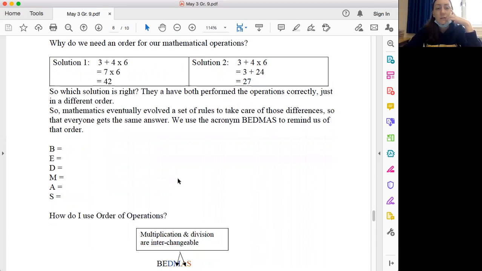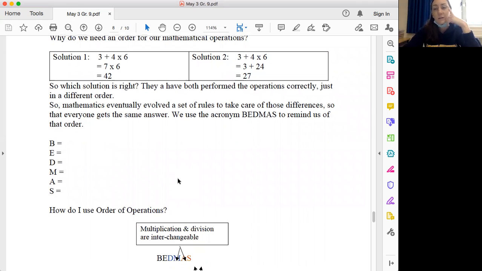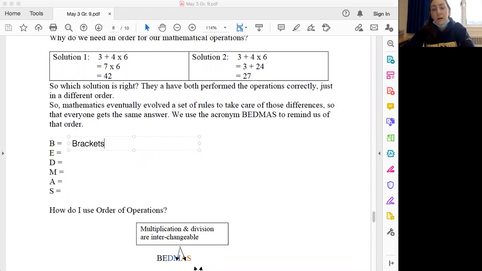So mathematics eventually evolved a set of rules to take care of those differences so that everyone could get the same answer. So we use the acronym BEDMAS, which I know that the majority of you have heard before. This is to help us with the order that you would solve an equation. So your first one would be anything that's in brackets.